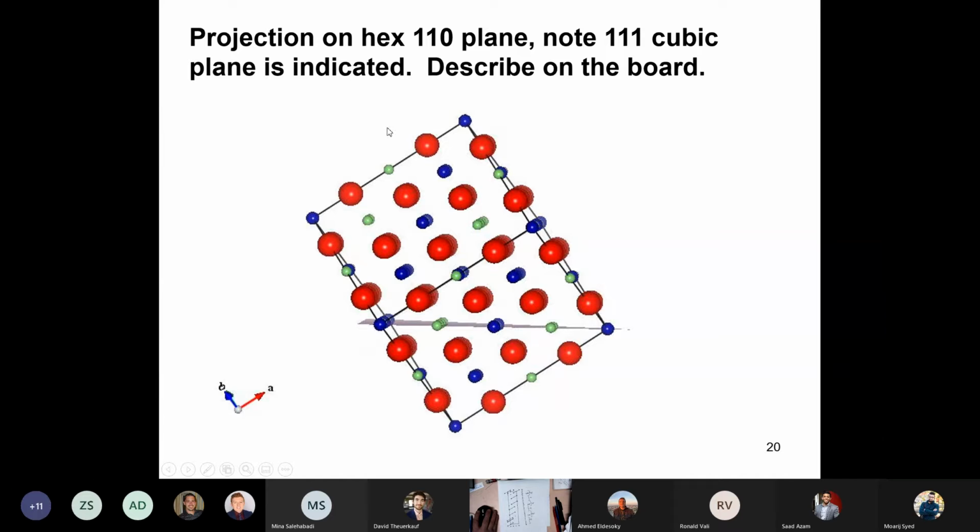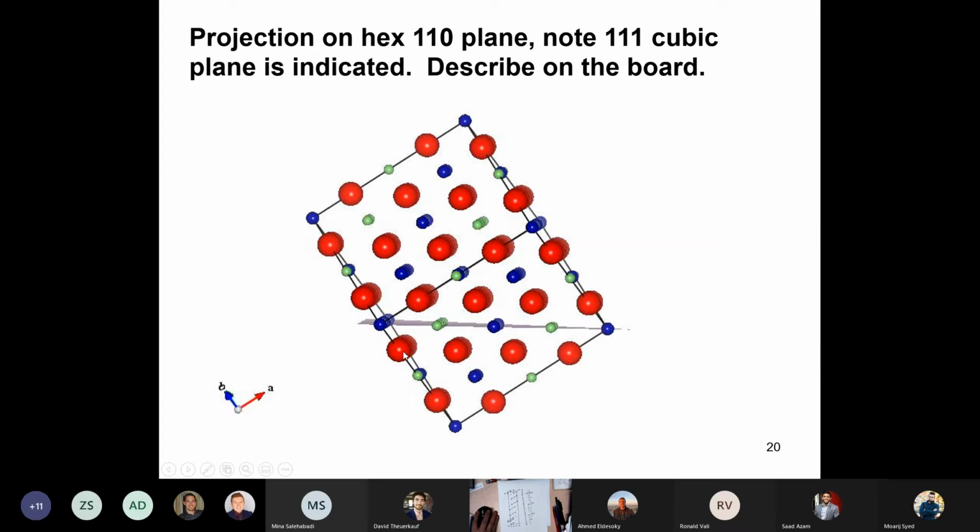So if you take that cubic structure and rotate it so that the body diagonal of the cube is vertical, so you can see the outline of the cube. You put the body diagonal of the cube vertical, lo and behold, all the oxygen atoms are in layers. And if you were to look down from the top, you'd see that these oxygen atoms were close packed layers, just like before.